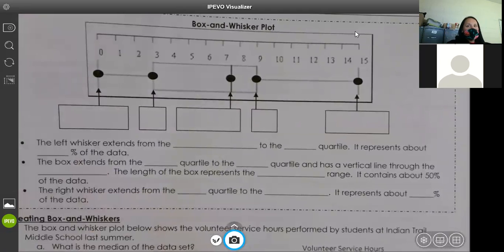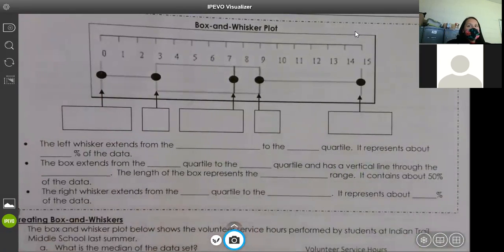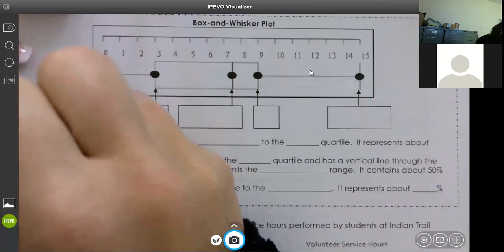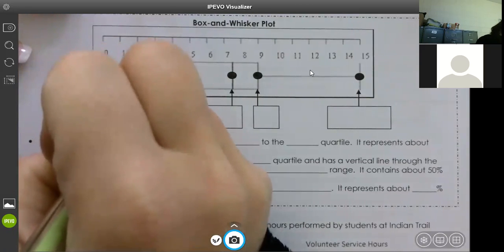It's called a box and whisker plot because it has the box in the middle, and then it has these two lines on the outside, which are like whiskers. So the very last number there, or the very first one, is your minimum.